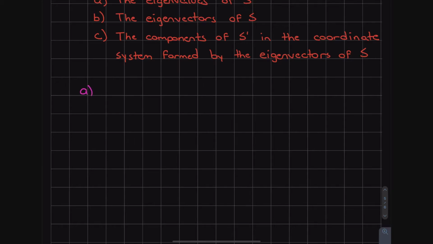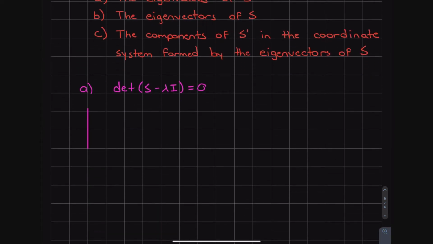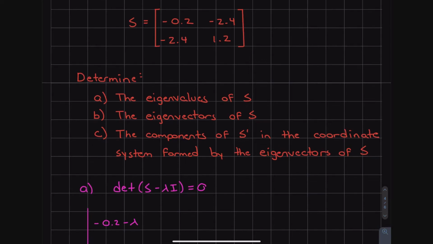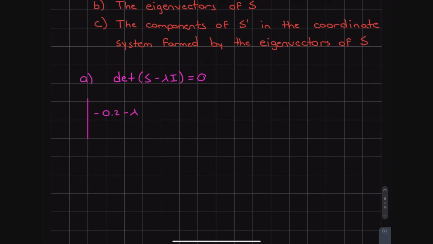I know that to find the eigenvalues, I need to take the determinant of S minus lambda I, and set it equal to 0. The determinant can be expressed with these absolute value signs. So S minus lambda I is going to be negative 0.2 minus lambda, and then the second entry stays the same, so this will still be negative 2.4.